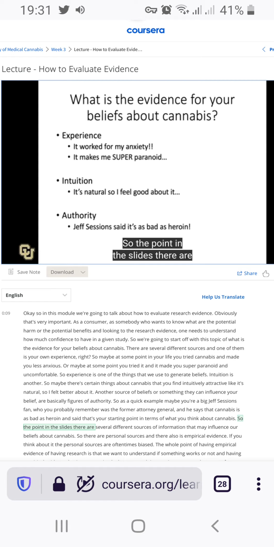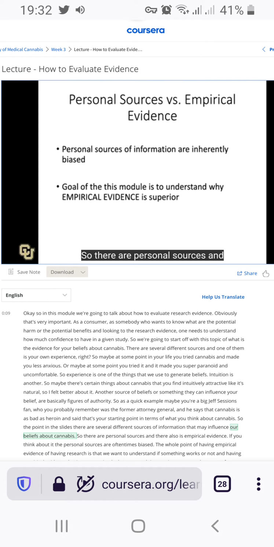So the point in this slide is there are several different sources of information that may influence our beliefs about cannabis. So there are personal sources, and there also is empirical evidence. And if you think about it, the personal sources are oftentimes biased.